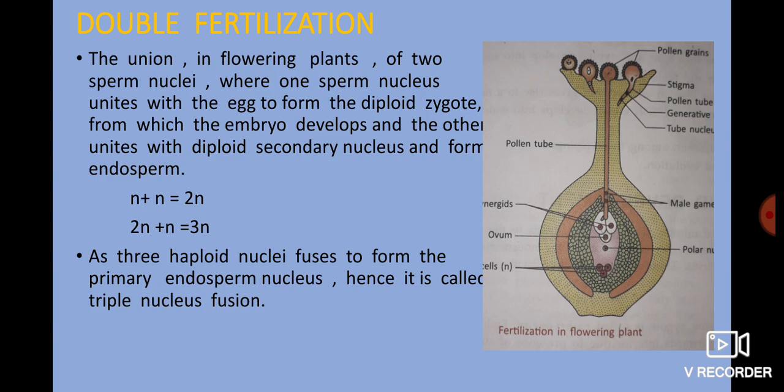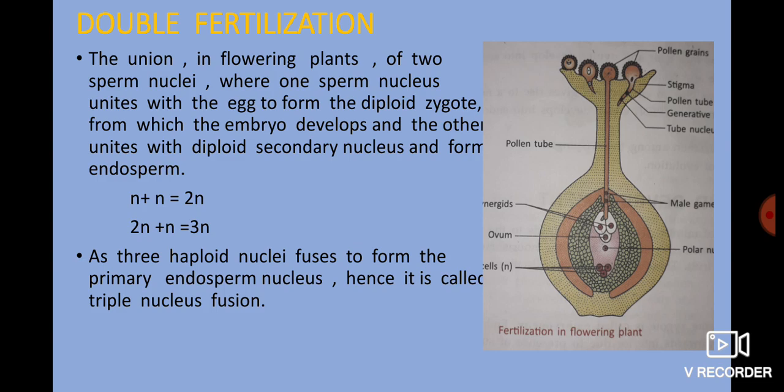And the other unites with the diploid secondary nucleus. Don't forget that there was a formation of a diploid secondary nucleus in your ovary portion, because 3 formed the egg apparatus, 3 formed the antipodals, and 1 from each pole came into the middle, fused permanently and formed the definitive nucleus. So that 2n was also left, and when double fertilization takes place, 2 male gametes have to fuse.